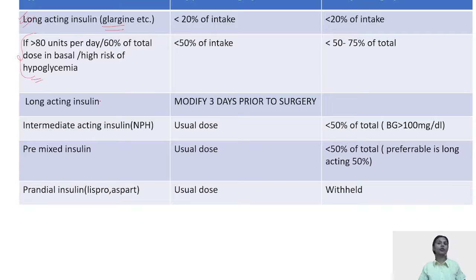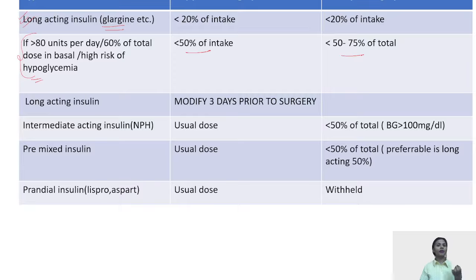if the basal insulin that the patient is taking is around 80 units or above, or secondly, if more than 60% of the patient's total insulin requirement is met by the long-acting insulin, then the dose has to be decreased by 50%, a day prior as well as on the day of the surgery.